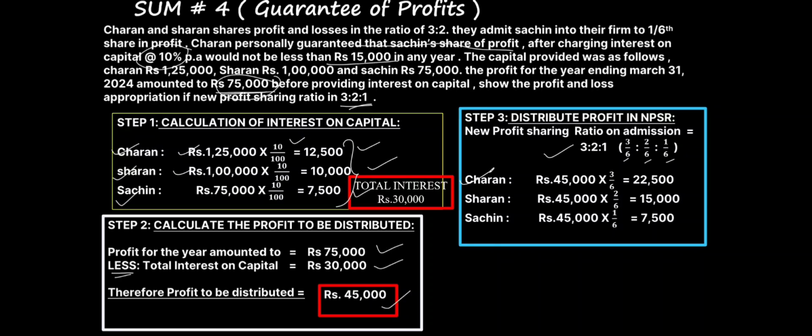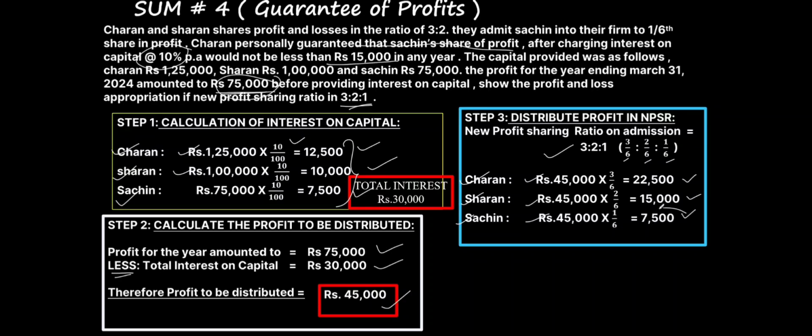Charan, the total profit is 45,000 now into 3/6. So Charan will get 22,500. For Sharan, rupees 45,000 into 2/6 will be 15,000 rupees, and for Sachin, the new partner, rupees 45,000 into 1/6 will be 7,500.